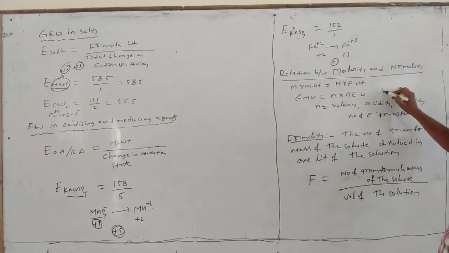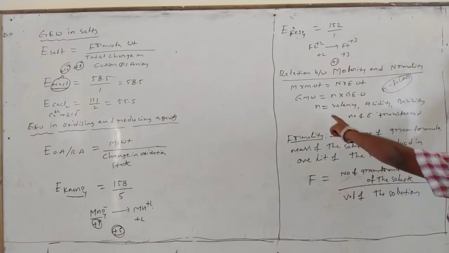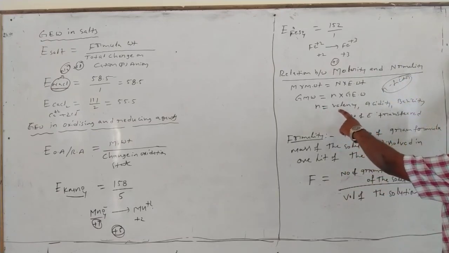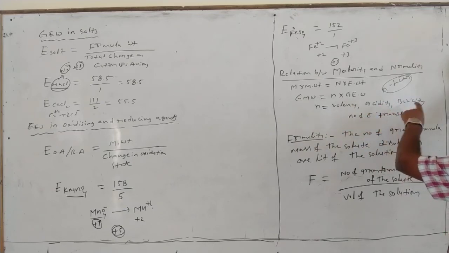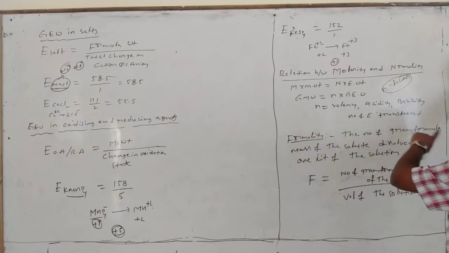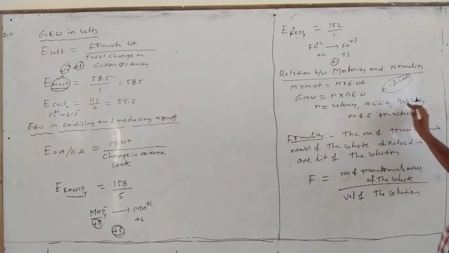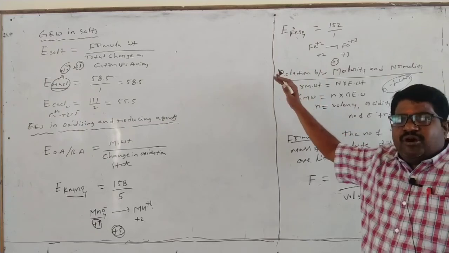Instead of n, you write the valency for a base, the basicity for an acid, and the number of electrons for oxidizing or reducing substances. You use whichever applies based on the given components. So this is about normality.